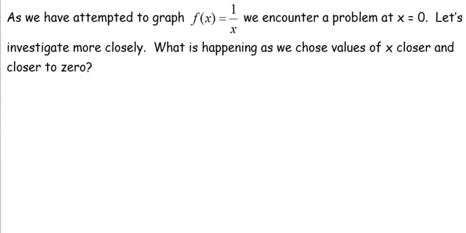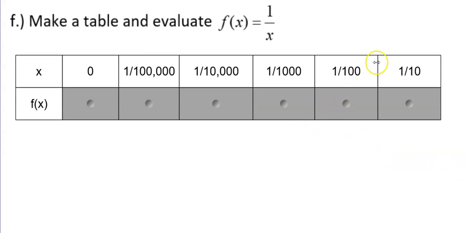So as we've attempted to graph this, we have a problem at x equals 0. Let's look at this a little more closely. What's happening as x gets closer and closer to 0? Let's look at it backwards.